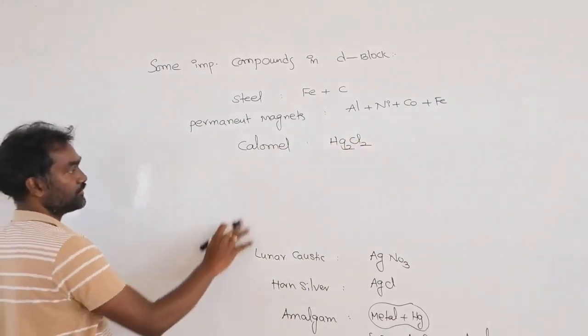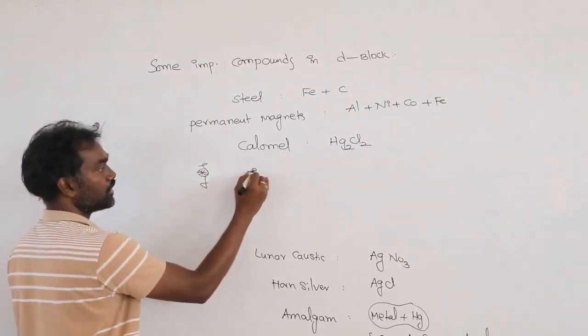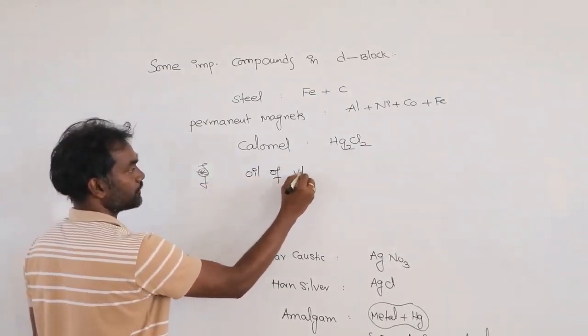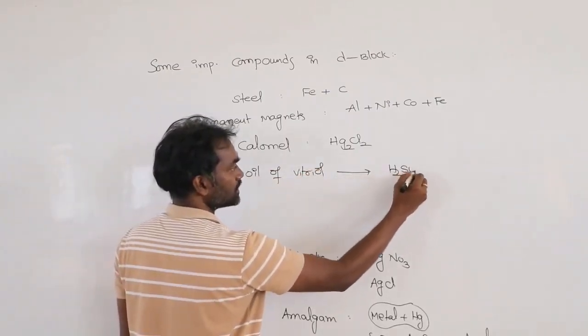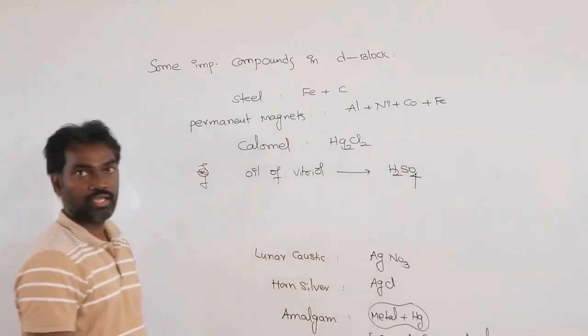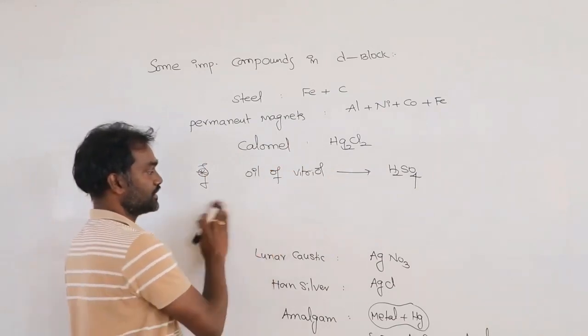Next, vitriol. Some vitriols are famous. So oil of vitriol. So generally oil of vitriol means sulfuric acid. Sulfuric acid, another name oil of vitriol, their salts.